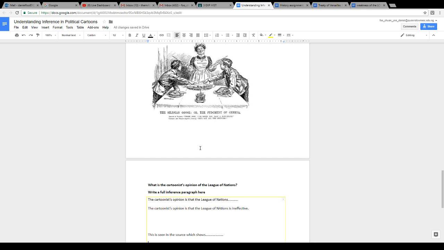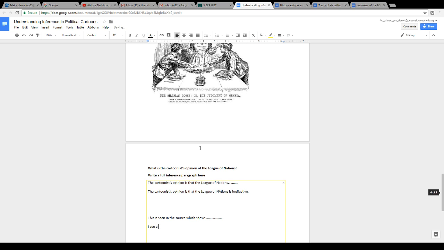I see a mother, right, giving away portions to 2 children. Both children look unhappy at the portion given to them, but the mother doesn't care. She doesn't look like she cares.